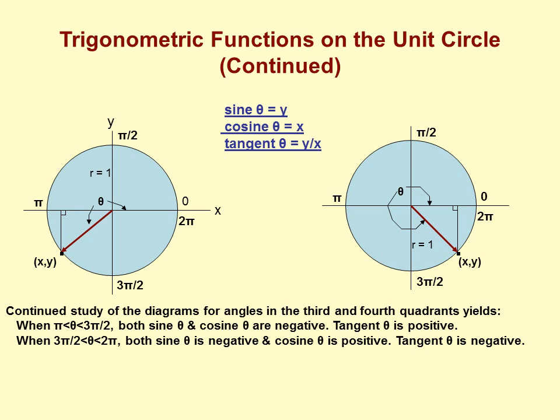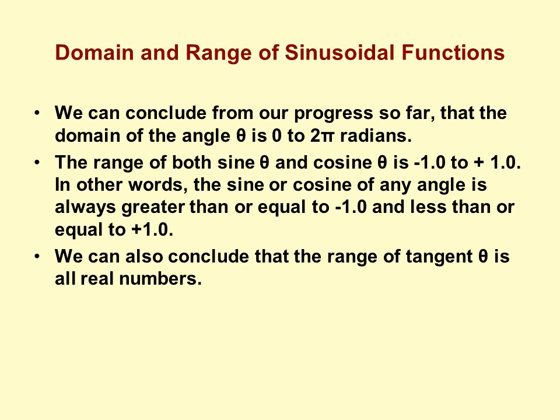So here we've gone to the third quadrant, and this will require the same amount of scrutiny on your part. And we conclude from our progress so far that the domain of the angle theta is 0 to 2 pi radians, and that the range of both sine and cosine functions is -1 to +1.